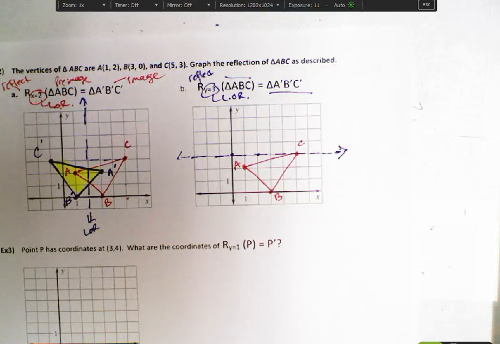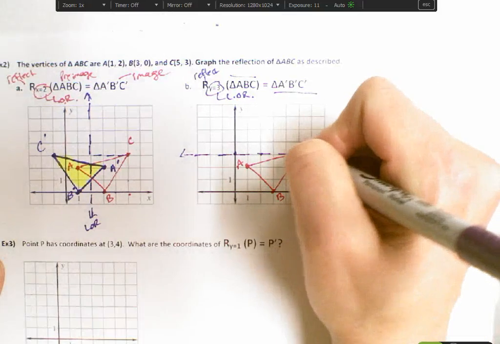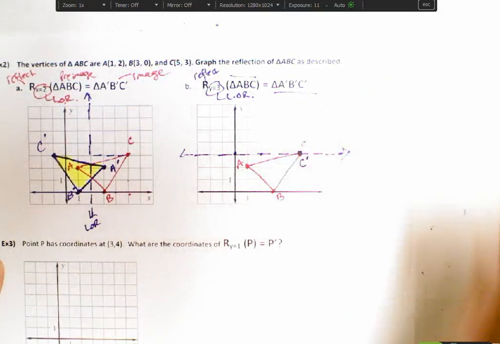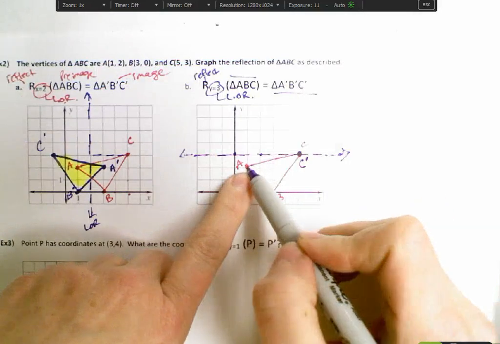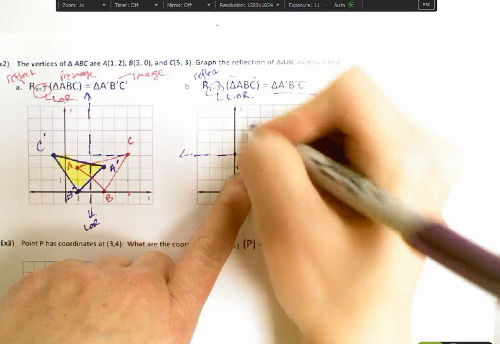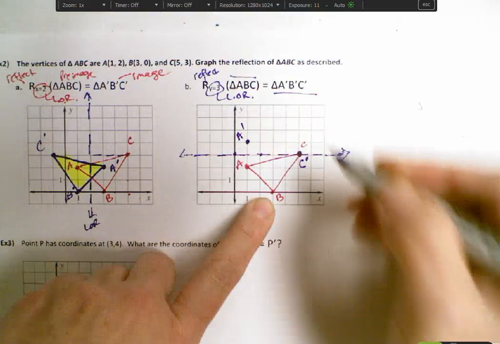Next step is to find my primes. So we'll start with C. C is on the line of reflection, so C is going to equal C prime. A is 1 unit below the line of reflection, so A prime needs to be 1 unit above the line of reflection.